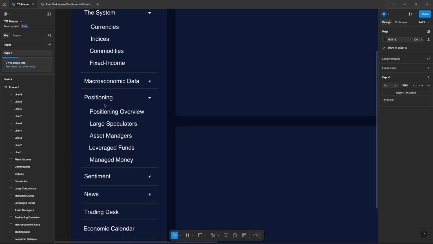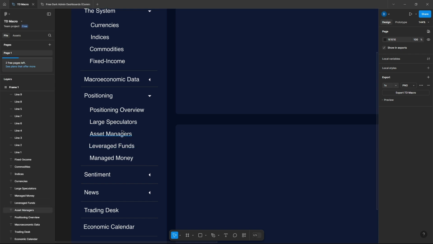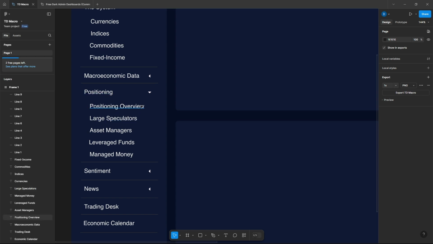And then obviously we have large speculators, asset managers, leverage funds, and managed money. Here I'll be able to automatically track all of COT positioning, and I'm really excited to get the software up and running so I can stop doing this manually.